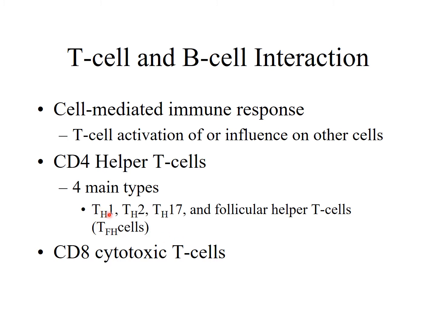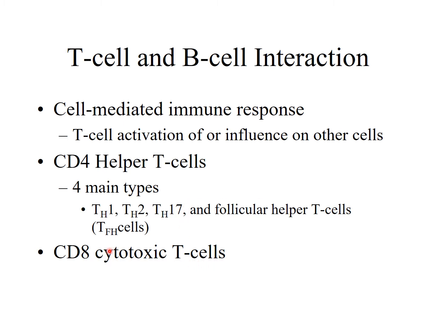The subscript H denotes helper, so it's a T helper cell. Type 1, type 2, 17, and follicular. Why does it jump from 2 to 17? I don't know. It has to do with how the cells were identified and then later genetically tested to show that they were actually different lineages of T cells.